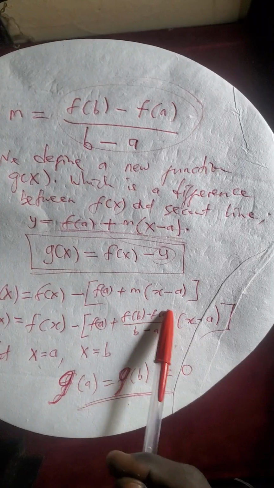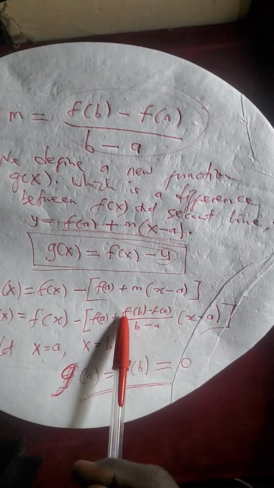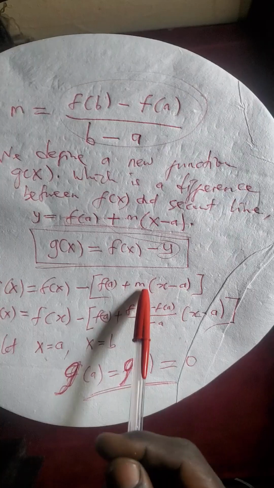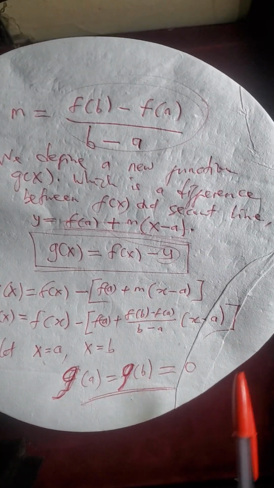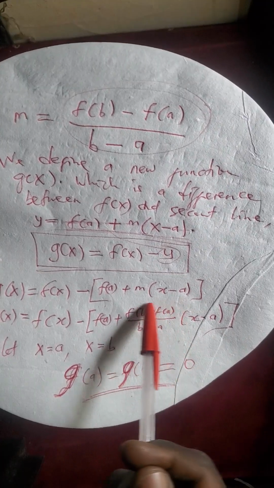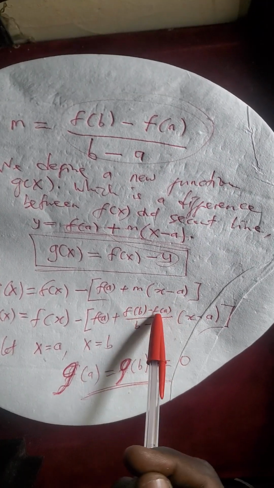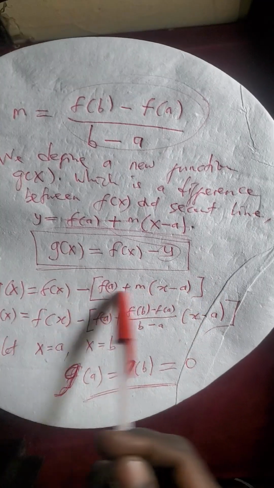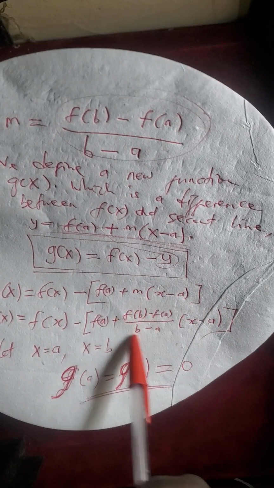I know in here there is no x, so I can just use m. In my proof for x equals a and x equals b, there is no x here, it's just a constant thing. So I've just gone back to this one so that writing becomes simpler, but I know I'm talking about this.